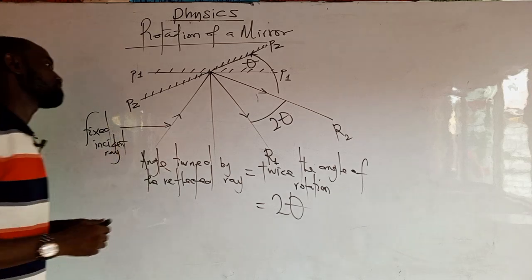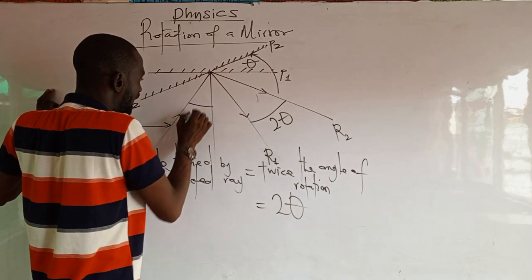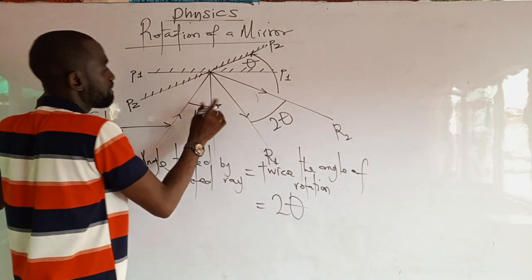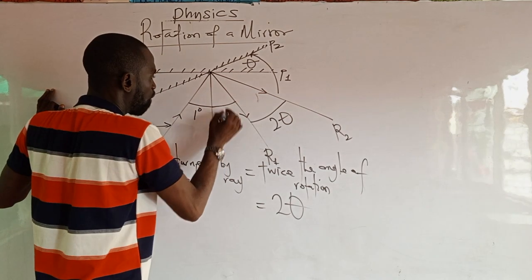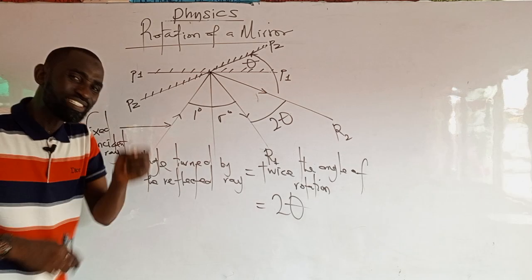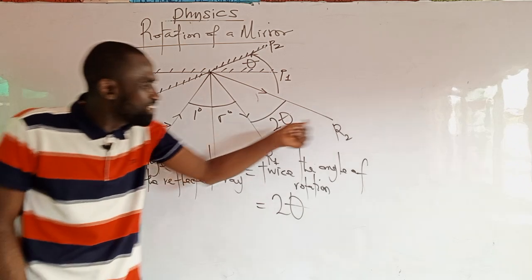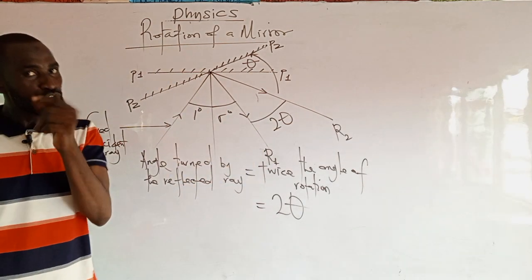Before I do that, look at this. Here we have the angle of incidence, and here we have the angle of reflection. Sometimes they can ask us what the angle between the incident ray and the reflected ray is after rotation.